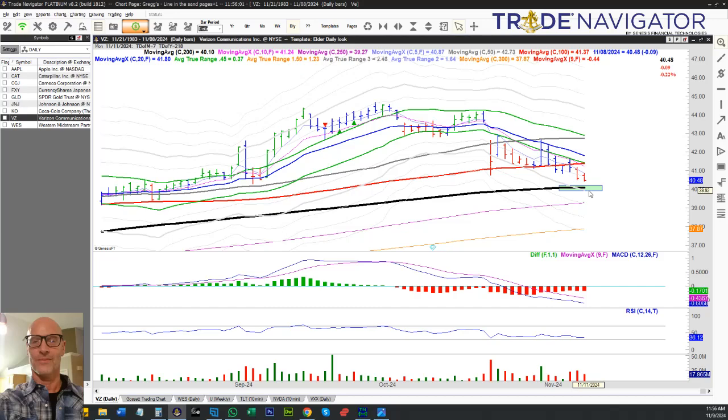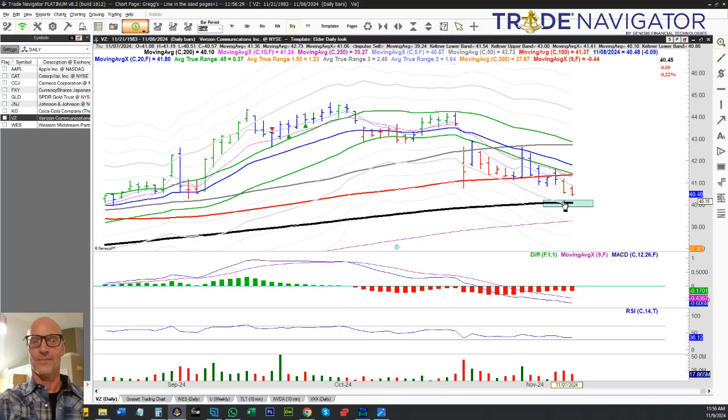And even more important than that, it's just a structure. It gives you a line in the sand. If it closes under the 200, I'm out. If it closes above the 200, I'm in. But I like the confluence: the 200-day moving average by itself, the negative third ATR channel. If it gets down to the 200-day moving average, it will probably be in the very low 30s as well. So that adds to it. But I want to see the market tell me that there are no more sellers under the 200. So I want a rejection of the 200-day moving average.